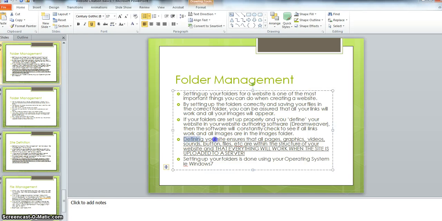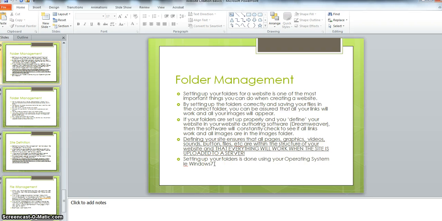Defining your site ensures that all pages, graphics, video, sound, button files, etc. are within the structure of your website, and that everything will work when the site is uploaded to the server. This is why it's really important that we set our folders up, and then once in Dreamweaver we are going to define our site. That ensures that all the links will work when we upload.